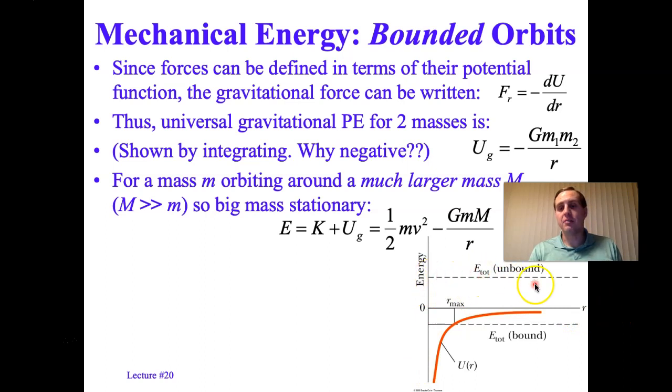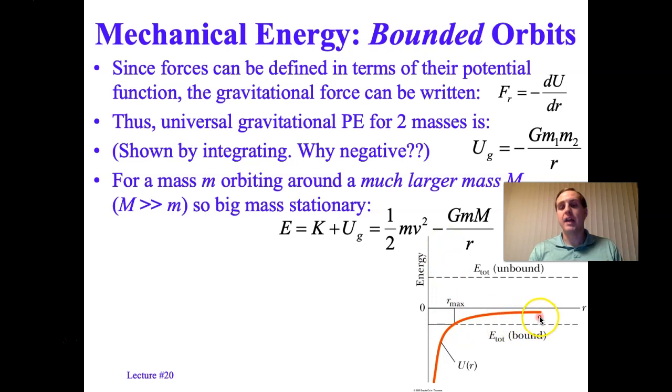Notice if something is unbound, in other words, if it's not constrained by some gravitational field or something, its total energy is positive. In other words, it can freely do work and so on. But if something is bound, when its radius is at infinity, its energy, as far as interacting with the other object, is zero. But when it gets closer to the other object, its total energy becomes negative, and for that matter, its potential energy also becomes negative.